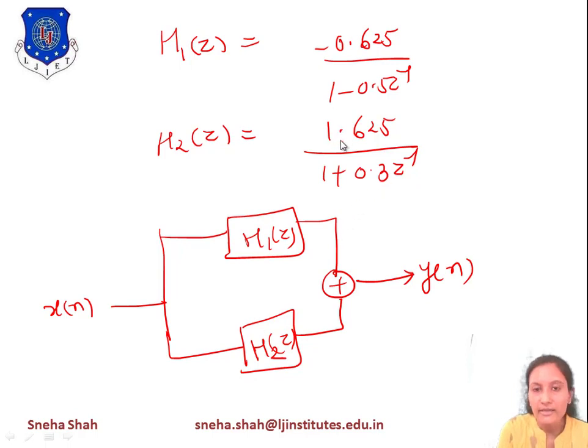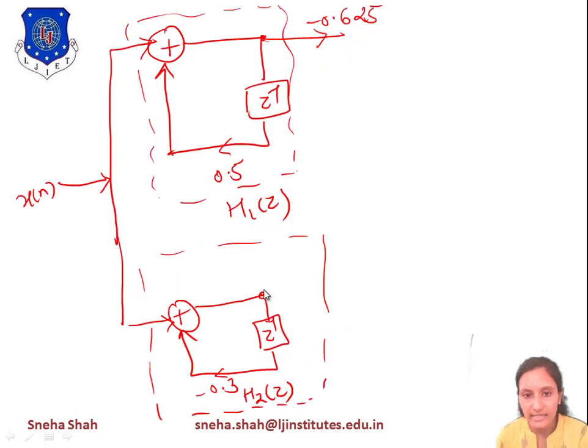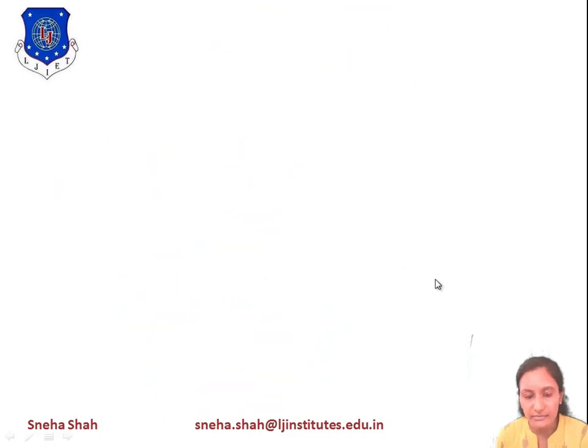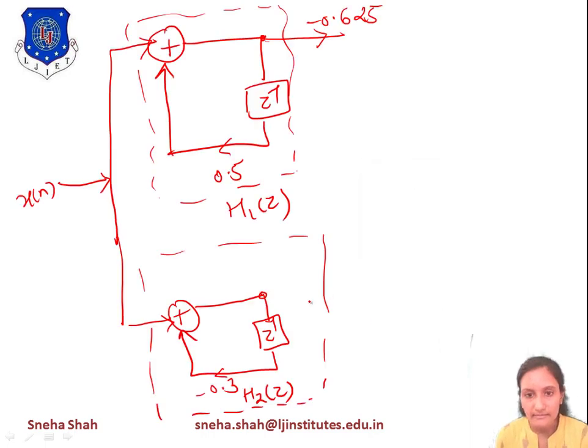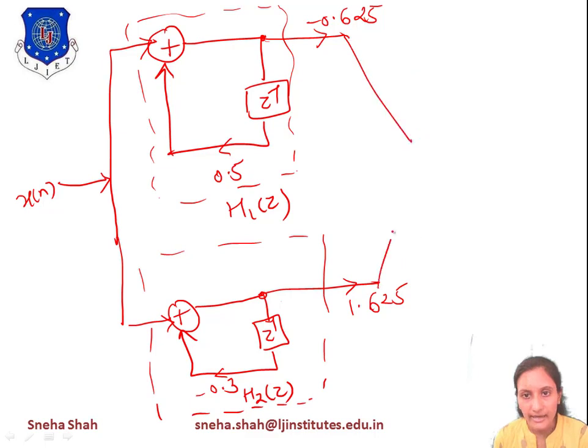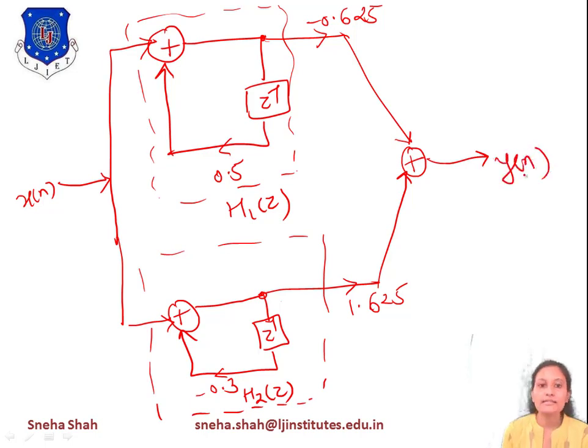And what is the value of the constant multiplier? 1.625. So over here we will multiply it with 1.625. Now these two parts get added with an adder, which gives you the output y of n. So simply we have represented the whole structure in parallel form. h1 of z will be added with h2 of z.